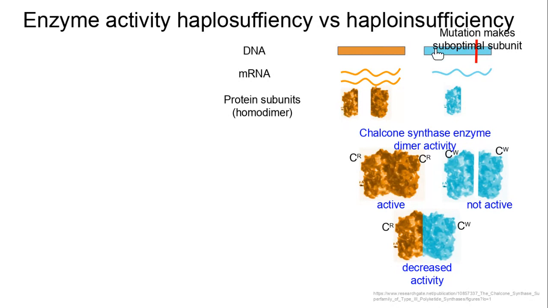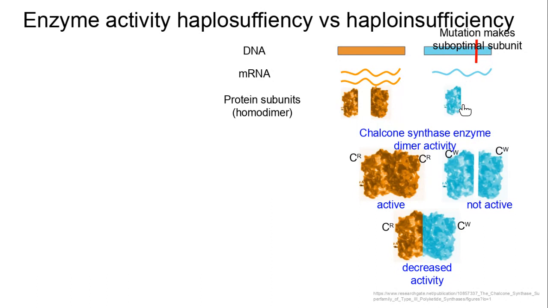And then in the heterozygote, you have one functional copy and the other one that is not functional. I put this red bar here to signify there's an early stop codon, so there's some mutation that makes this protein not the entire subunit as it would be here. The mRNA is still the same length, but when this gets translated, the protein is only this long, so it's missing this chunk.